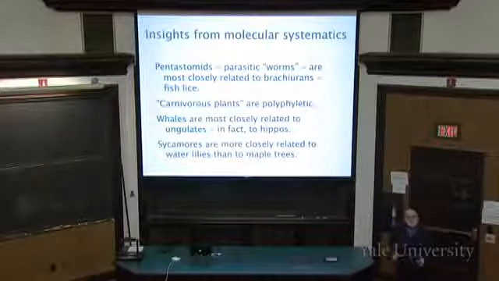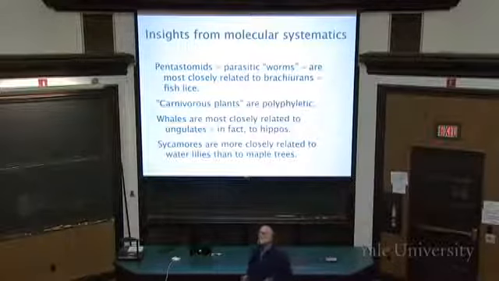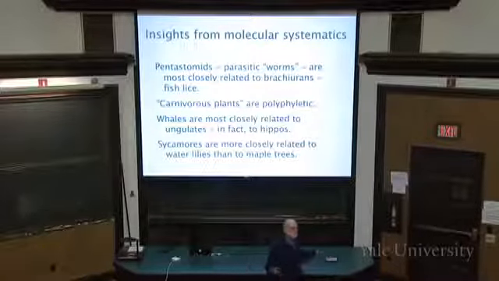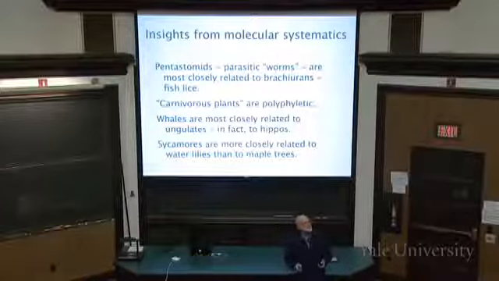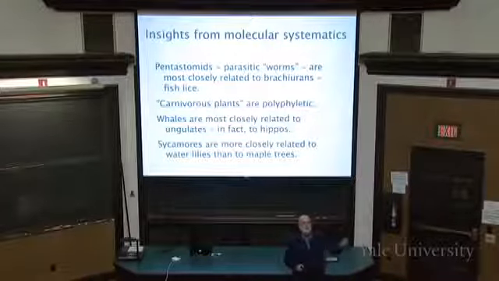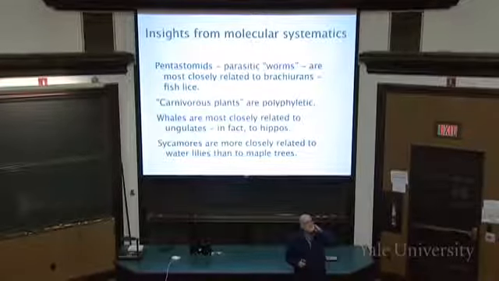Sycamores. Sycamores or plane trees are the classic tree which is used to decorate the European plaza. Okay? If you like to sit out in the summer in Italy or France and watch the people go by, you're probably sitting under a sycamore tree.